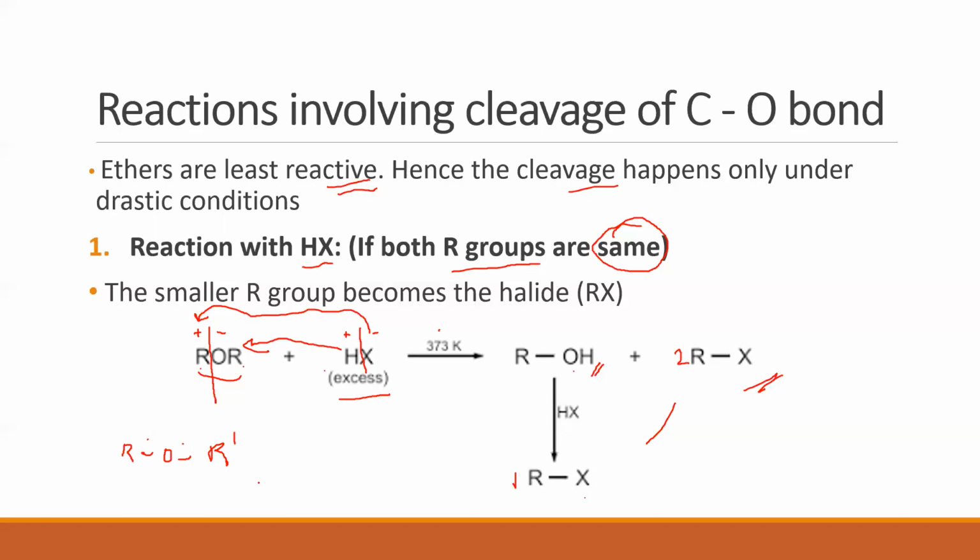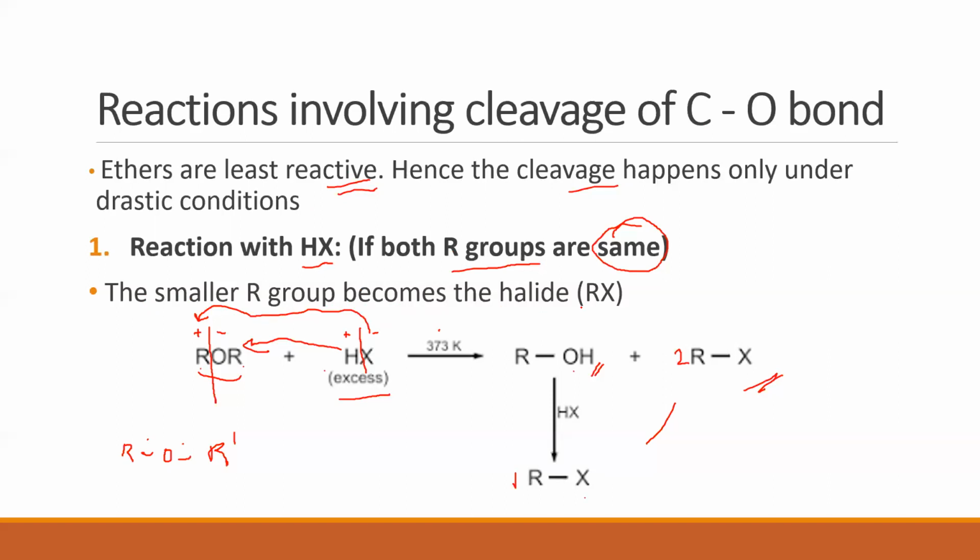Clear? Now which bond will be cleaved is the question. The answer lies in this statement. The smaller R group becomes the halide. So what is it telling me? If I have a mixed ether, which is ROR dash, where both the R groups are different, the smaller R group will become the halide.